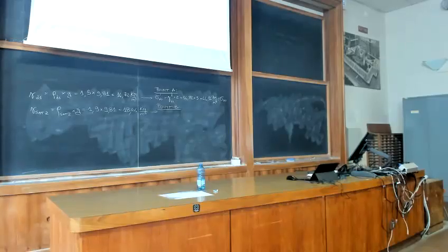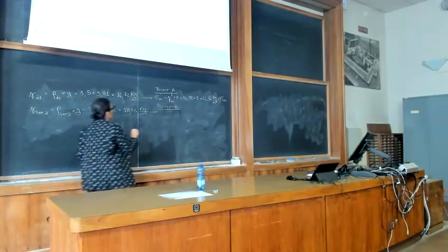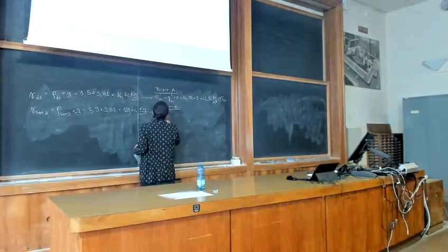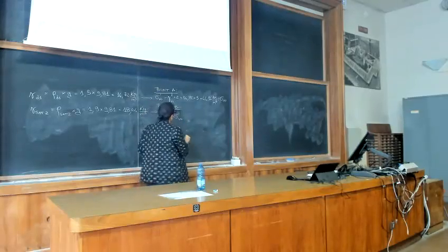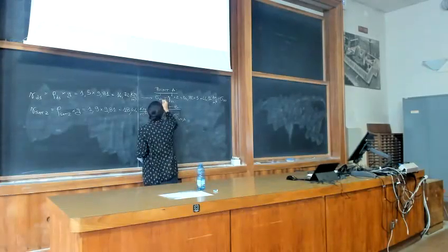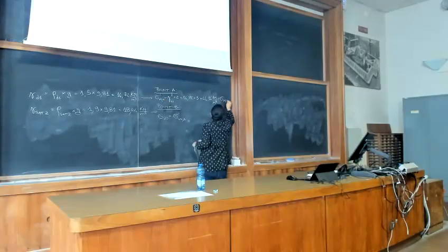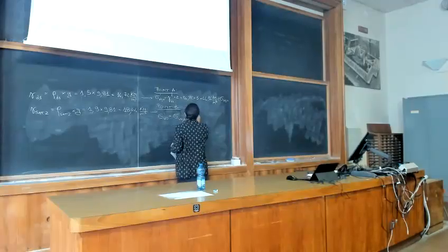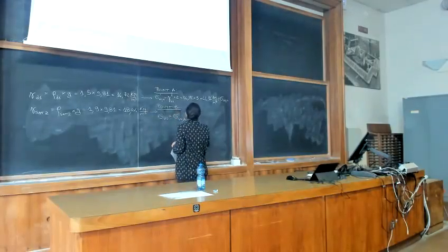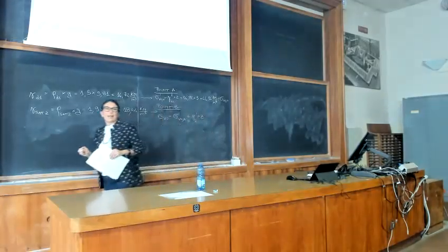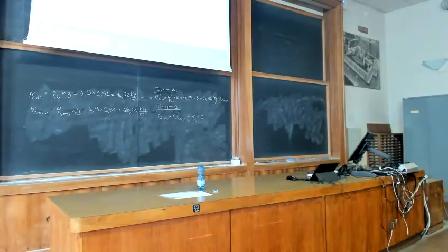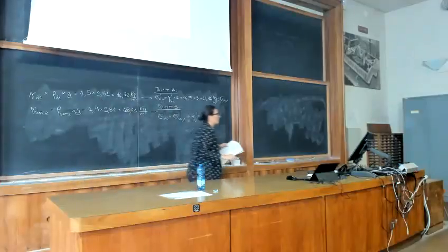The effective stress state in point B is given by the effective stress state sigma dash v naught in point A, so here is point A, plus gamma dash of the second stratum, which multiplies the relevant depth in which you apply this unit weight. Here you have 5 meters of sand.